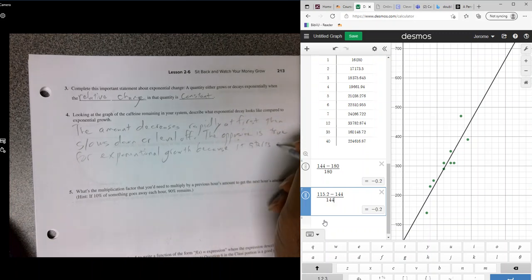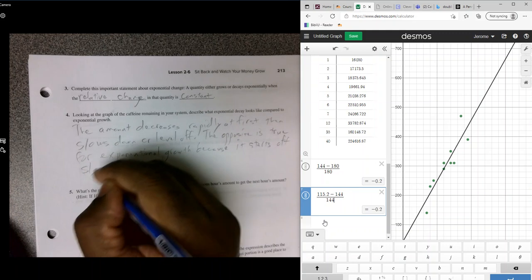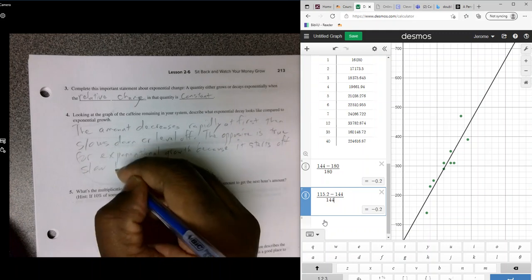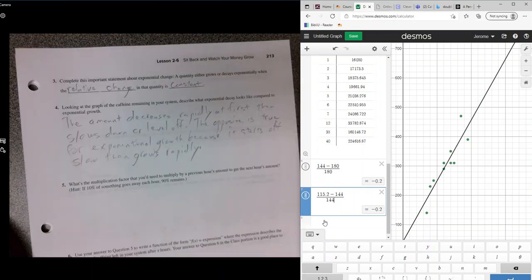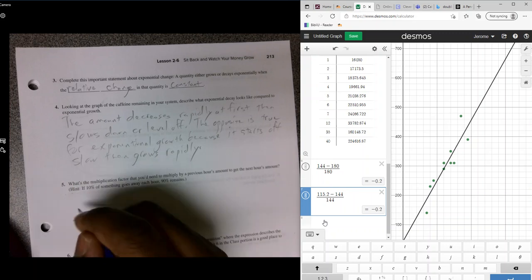Number 5, what's the multiplication factor that you need to multiply by a previous hour's amount to get the next hour's amount? Hint, if 10% of something goes away each hour, 90% remains. So 20% is going away each hour. So you would need to multiply by 0.8, and I'm going to put in a parenthesis 80%.